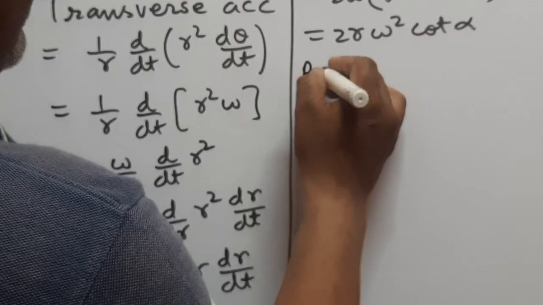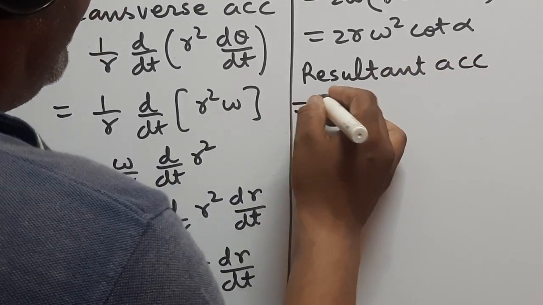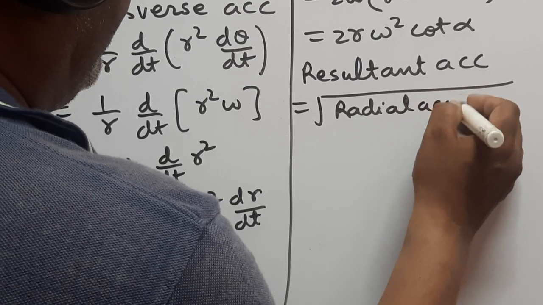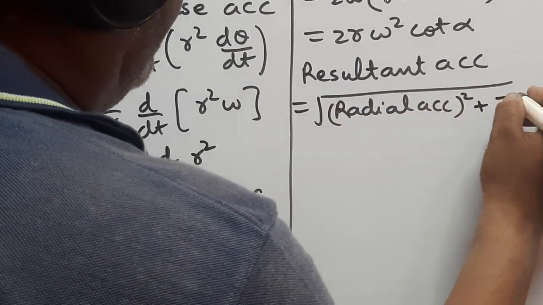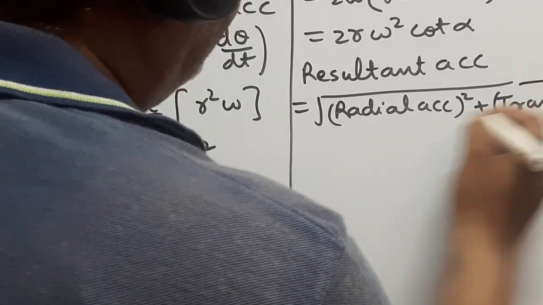Now we find here resultant acceleration. This is equal to under root radial acceleration square plus transverse acceleration square.